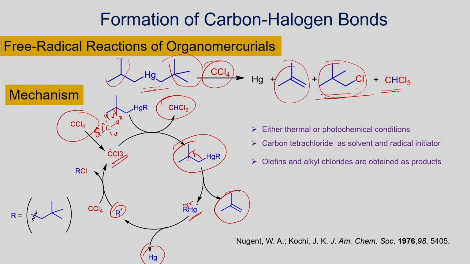This alkyl radical can further react with the carbon tetrachloride, and you will be able to form the alkyl chloride. You generate this radical, and this radical can further react as shown here.